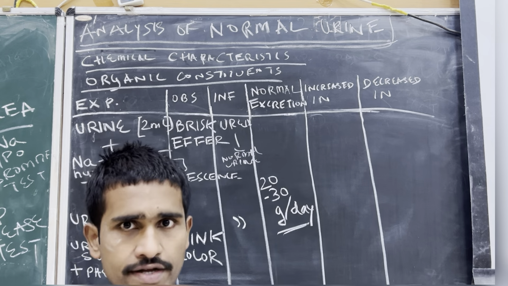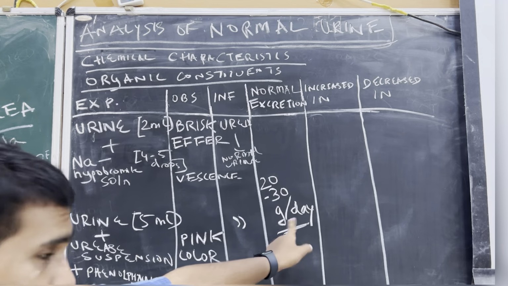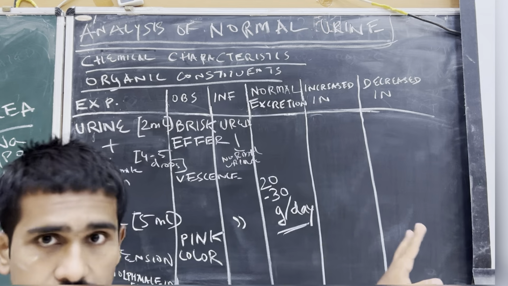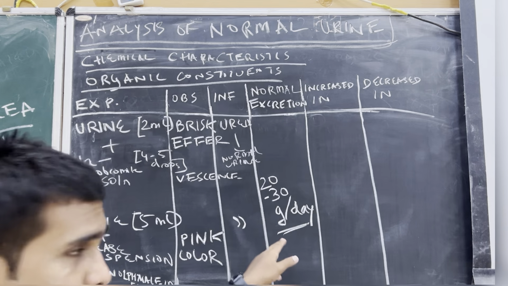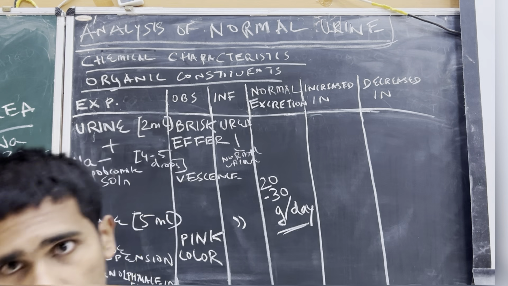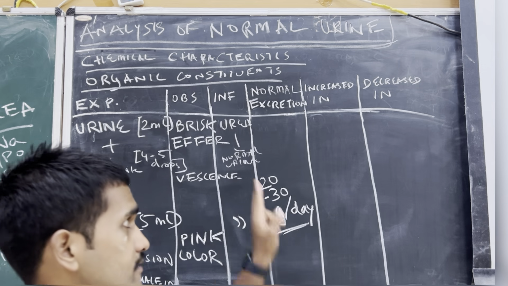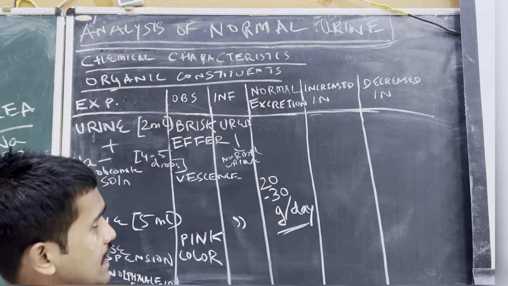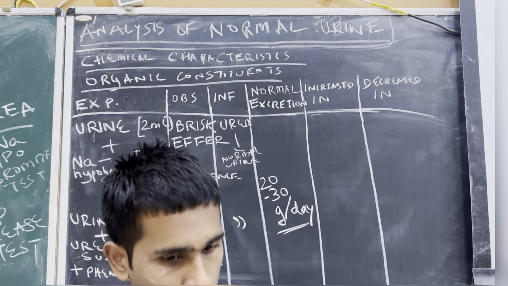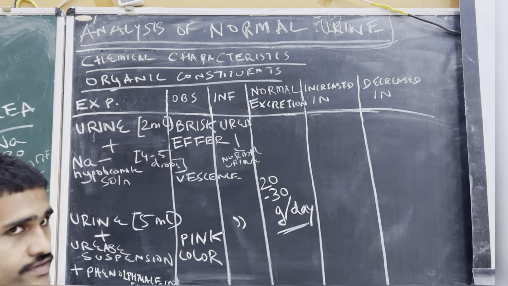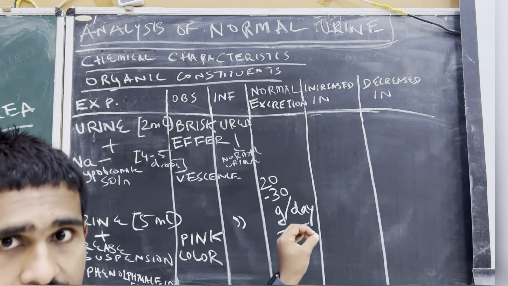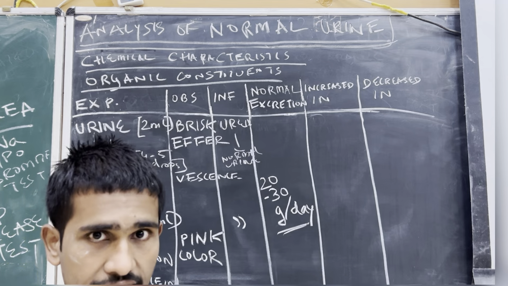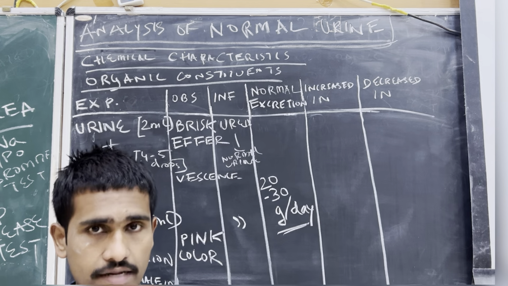Some students tend to confuse urine excretion units with serum levels. Do not do that. For urine, they are mostly grams per day or milligrams per day. That is for all the urine excretions. So that is your daily excretion of urea, and this depends on the protein intake, because urea is the breakdown product of protein catabolism.